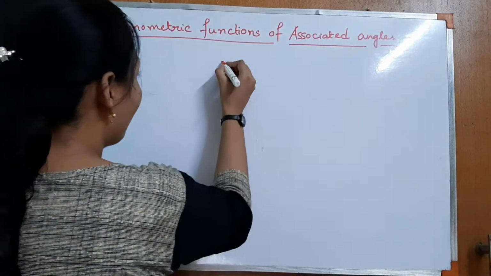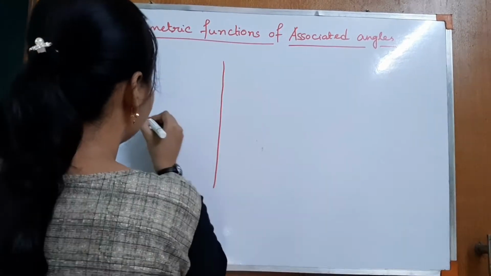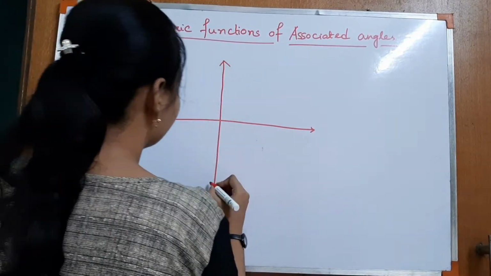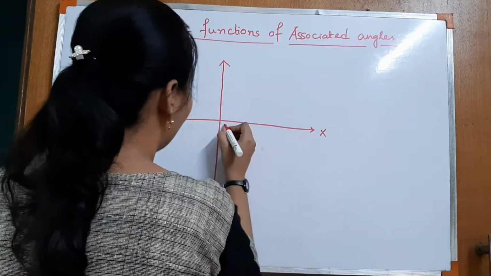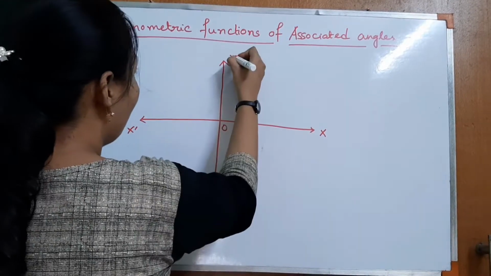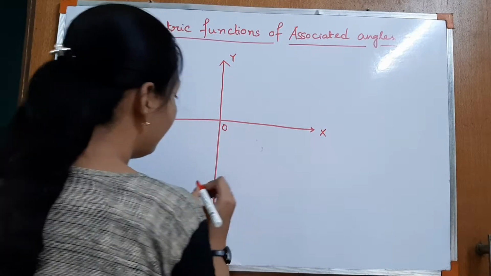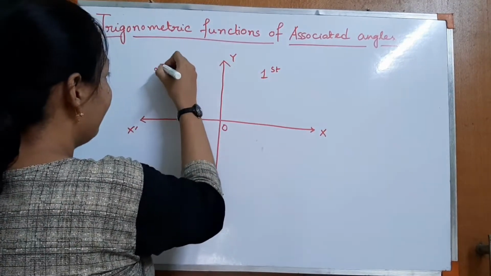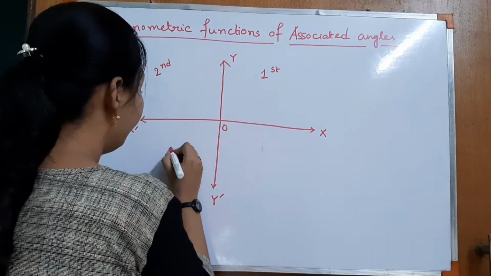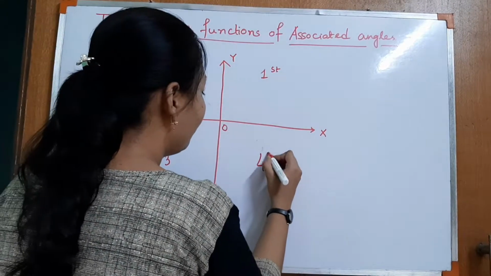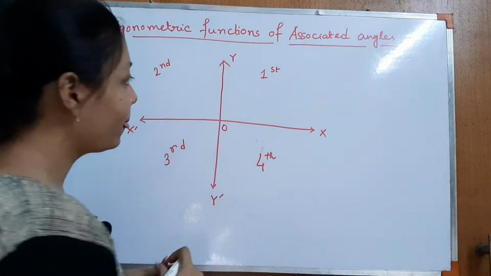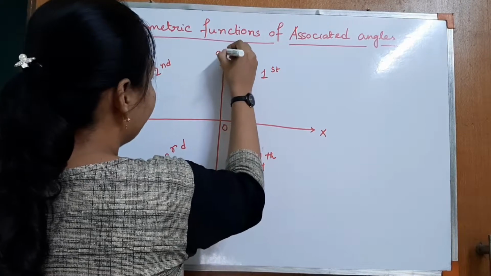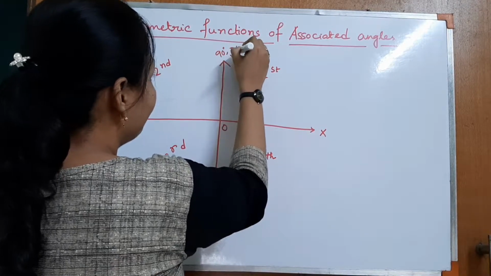Now first we draw a coordinate axis: X'OX, Y'OY. We all know that this is the first quadrant, this is the second quadrant, this is the third quadrant and this is the fourth quadrant. Now this is our 90 degree or pi by 2.